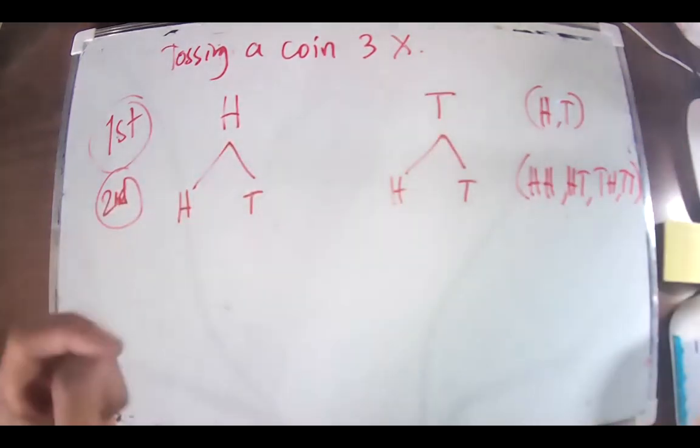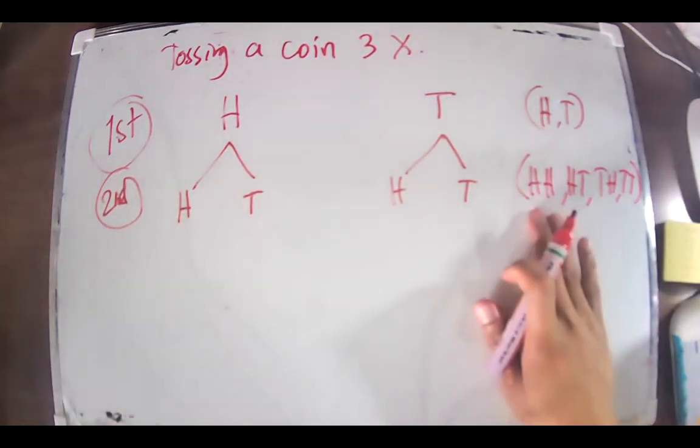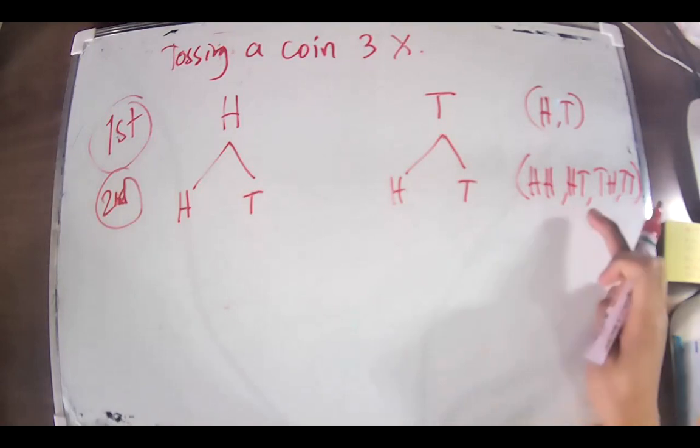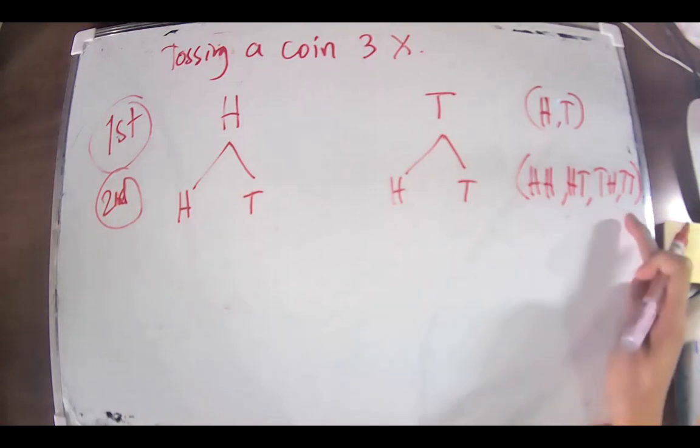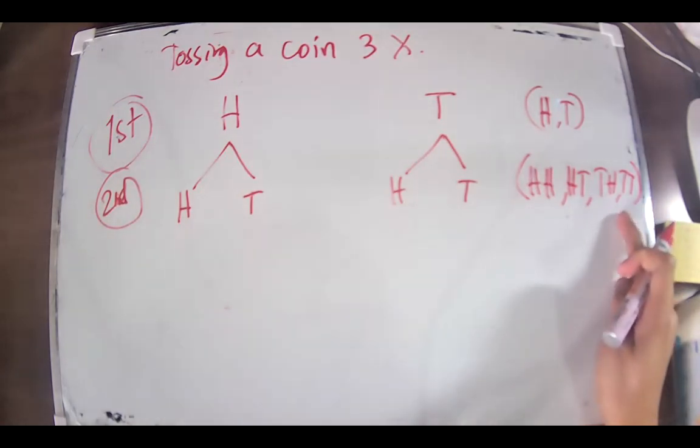So pag pinos mo yung dalawang coins, pwede dalawang H ang lumabas, pwede isang H, pwede isang T, at pwede dalawang T ang lumabas.